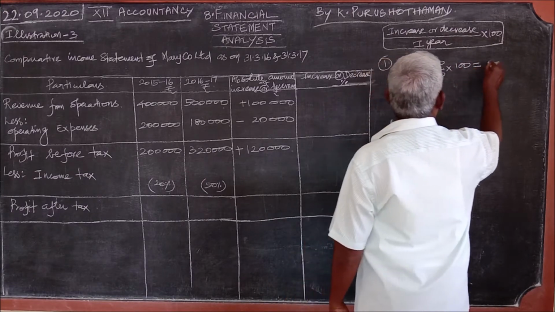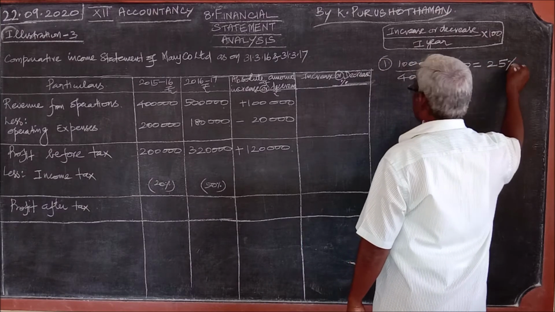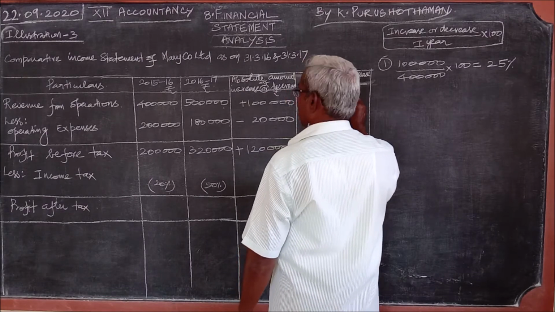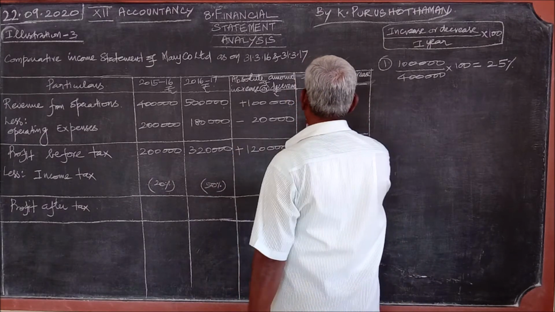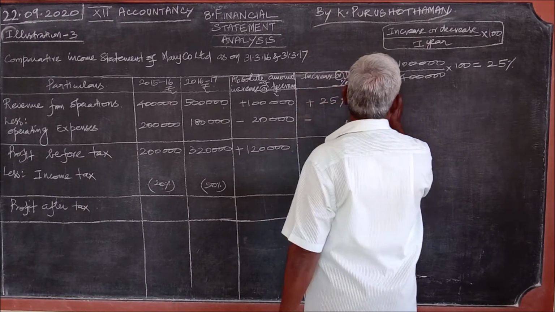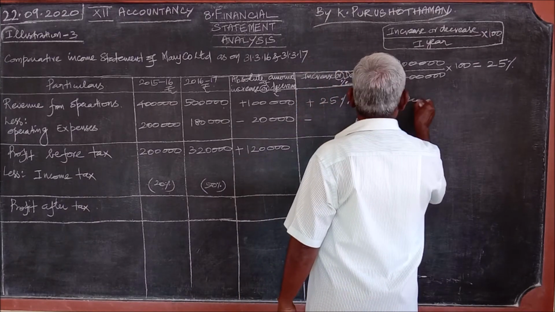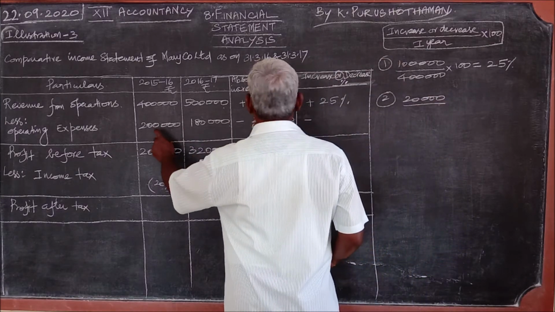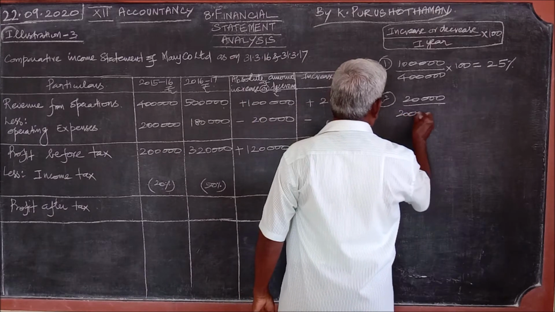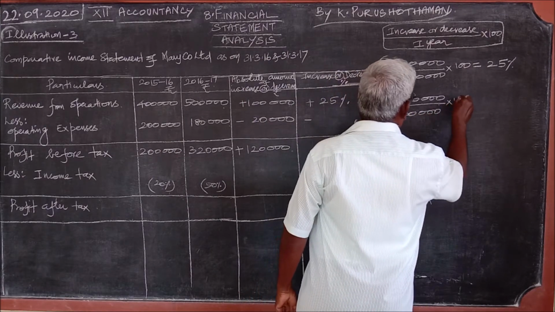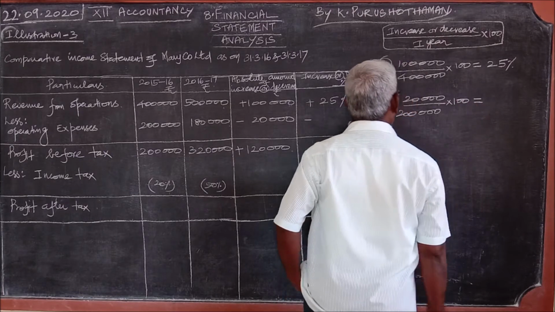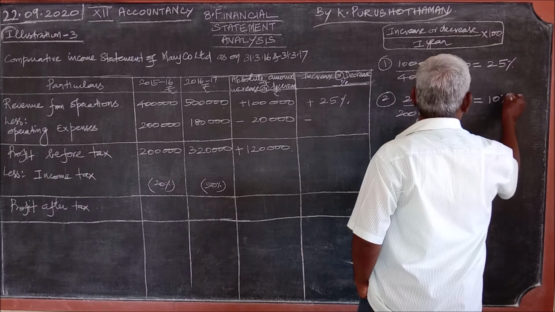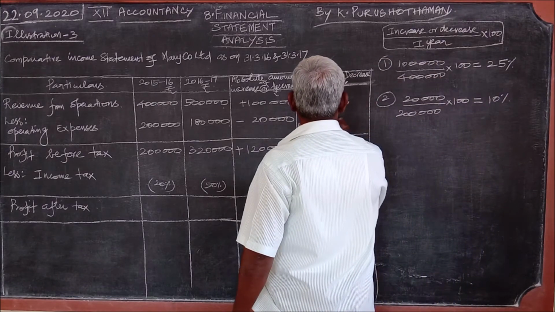Simplify, 1 by 4 into 100, 25%. So this is plus 25%. Then the second item, it is a decrease: 20,000 by 2 lakhs into 100. So 100 by 10, 10%. This is a 10% decrease.